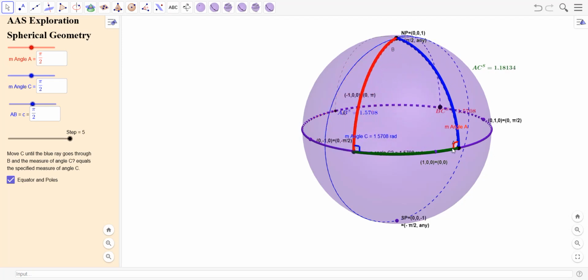Look, they have angle, angle, and a side. Blue side's the same. The angles are both pi over 2, but look what happens to the other, this green side. It could be any possible length. So there's actually infinitely many different congruence classes there.